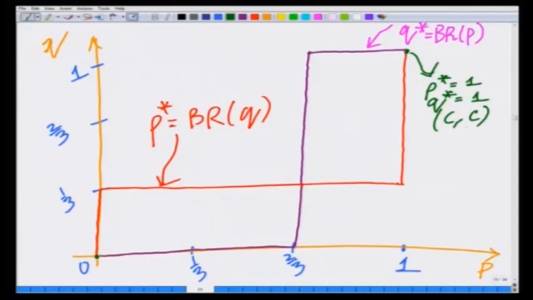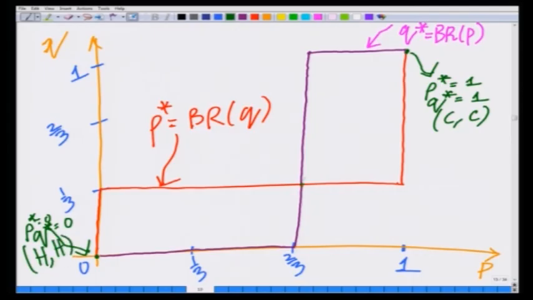Q star equal to 1 means the girl is always choosing cricket. Therefore, this corresponds to the pure strategy Nash equilibrium C, C. And this point where p star equals 0 and q star equals 0, the boy and the girl are never choosing to watch cricket, which means they are both always watching the Harry Potter movie, corresponds to the pure strategy Nash equilibrium H, H.